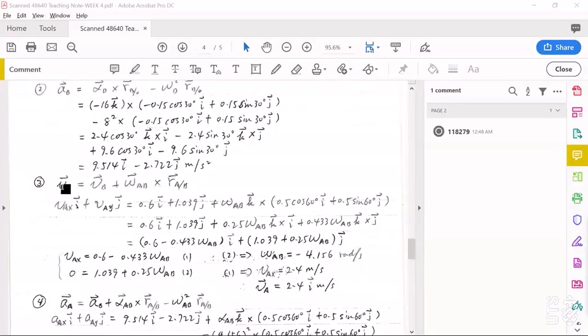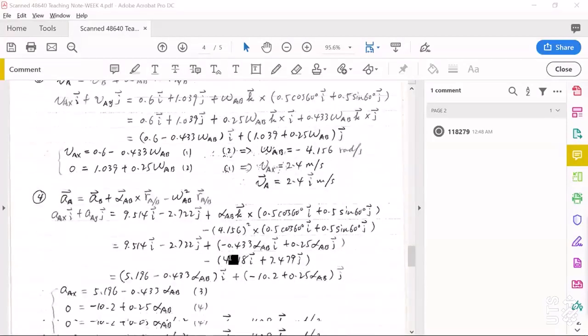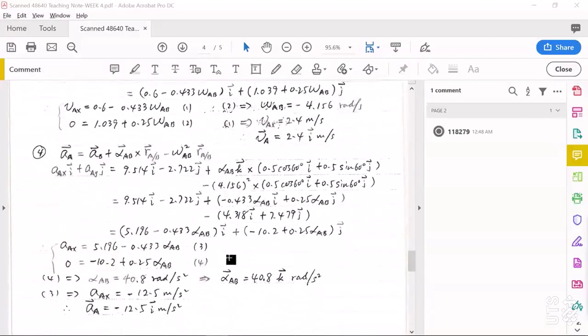Then we work out omega AB. Then finally, relative motion analysis of acceleration to work out alpha AB and AAX. For this vector calculation, if you have any questions, let me know. So that's all for week 4.